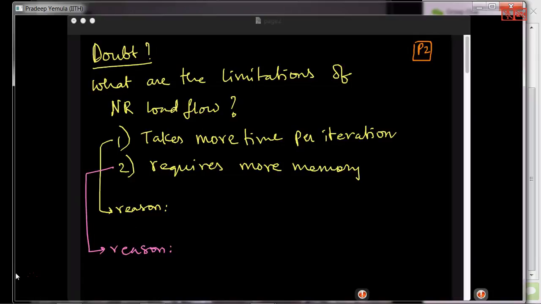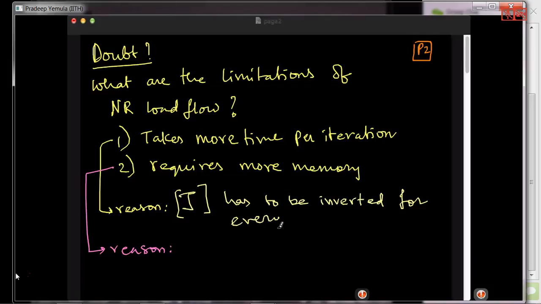So the time taken per iteration is more because, let me write, the matrix J has to be inverted for every iteration. So when you are iterating the Newton-Raphson load flow, the matrix J has to be inverted for every iteration.